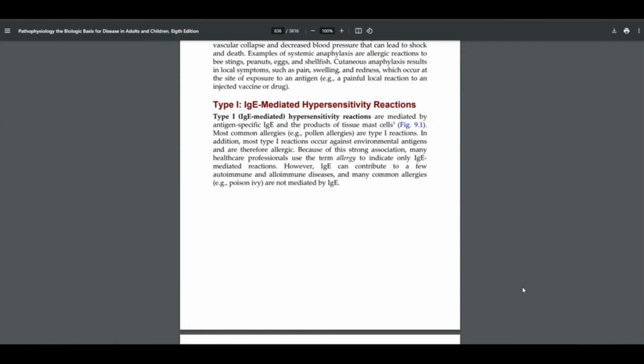Because of the strong association, many healthcare professionals use the term allergy to indicate only IgE-mediated reactions. However, IgE can contribute to a few autoimmune and alloimmune diseases, and many common allergies, such as poison ivy, are not mediated by IgE.